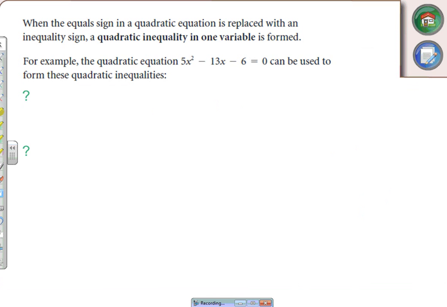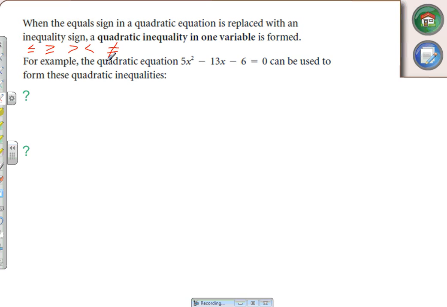So if we start with a quadratic equation like we had in chapter 3, and we replace the equal sign with an inequality sign, those were greater than or equal to, less than or equal to, all of those signs, those 5 signs are inequality signs.